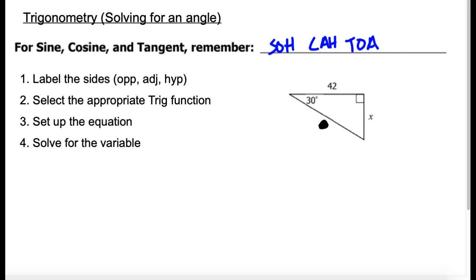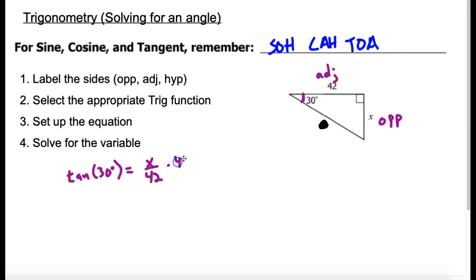So with respect to this 30-degree angle, I'm going to label opposite, and 42 would be adjacent. So I'm going to use tangent, because tangent is opposite over adjacent. My first setup here will be tangent of 30 degrees equals x over 42.